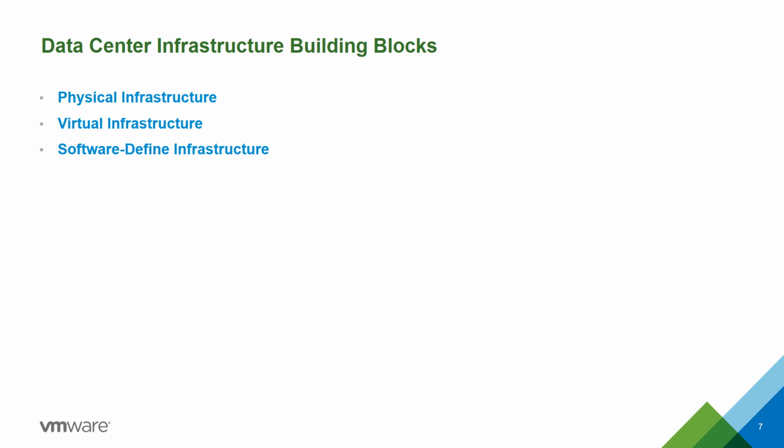The core or underlying foundational layer of any data center is the physical infrastructure, where you have physical servers, physical networking devices, and physical storage. On top of this physical infrastructure, to overcome the underutilization of these physical resources, you could go for virtual infrastructure.